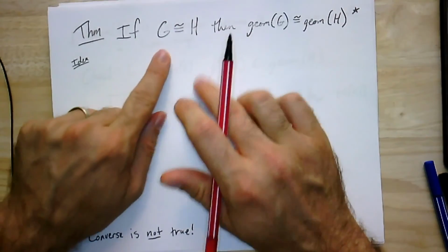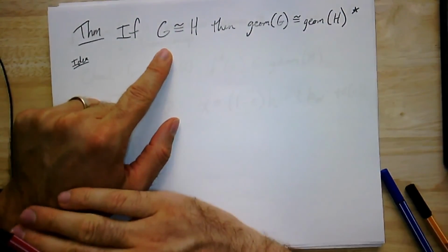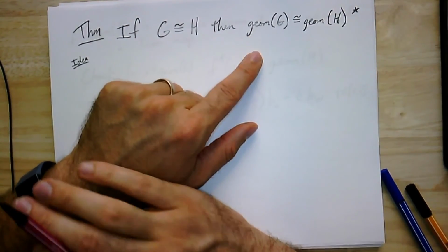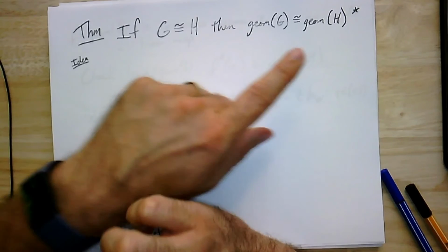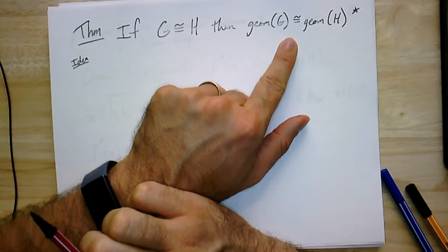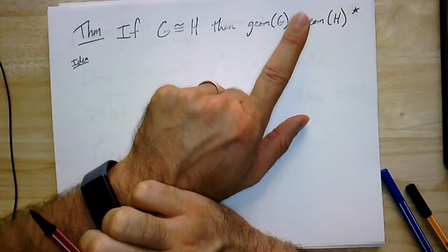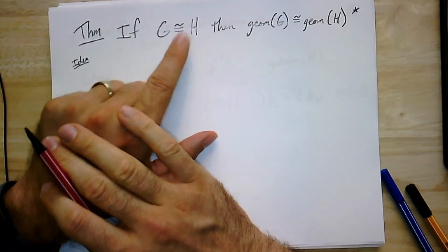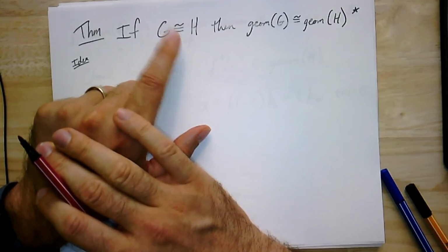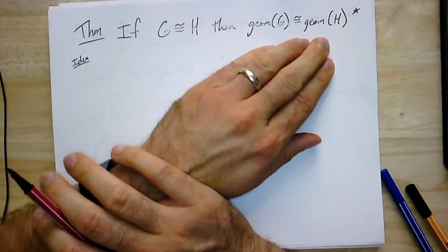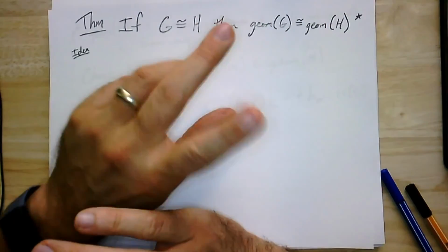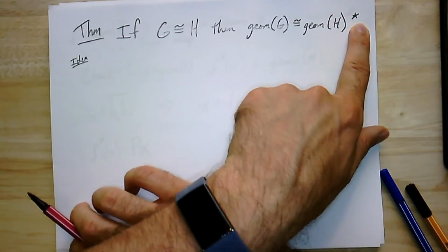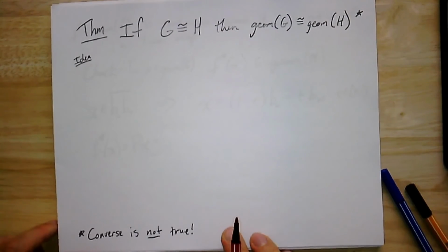If you have isomorphic graphs, then their geometric realizations will be homeomorphic. I think this is not too surprising. If you think about it a little bit, the different geometric realizations just come from different choices of the coordinates. But there's an asterisk at the end here, which is that the converse of this is not true.